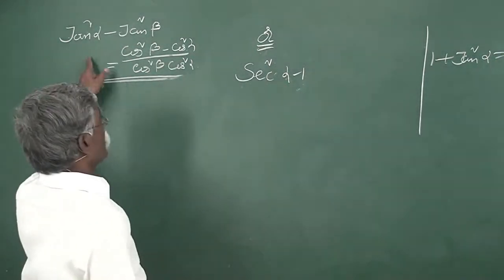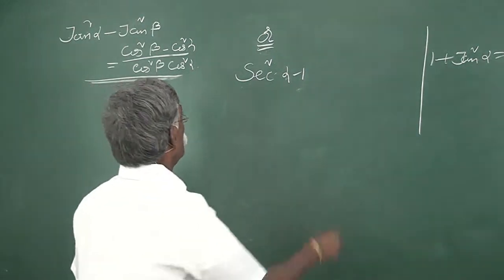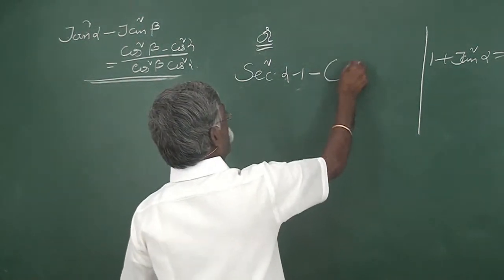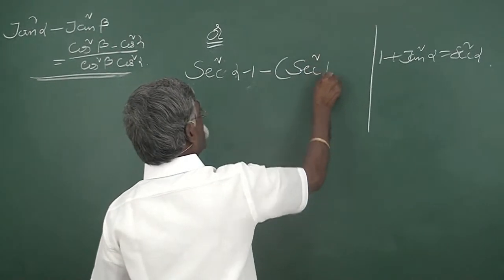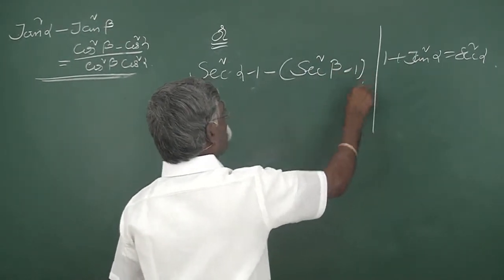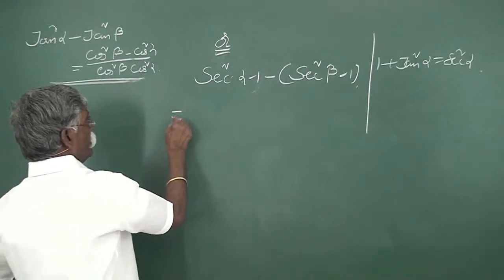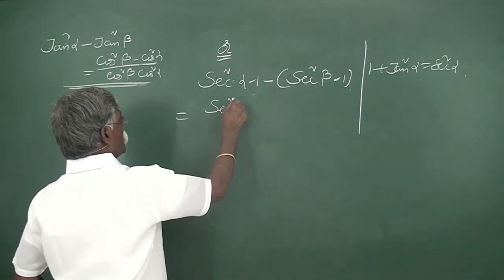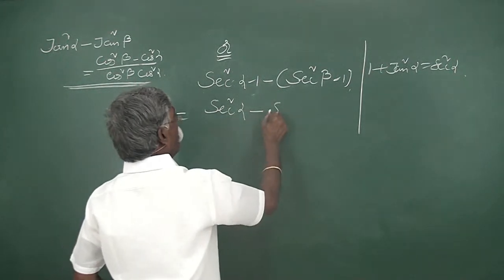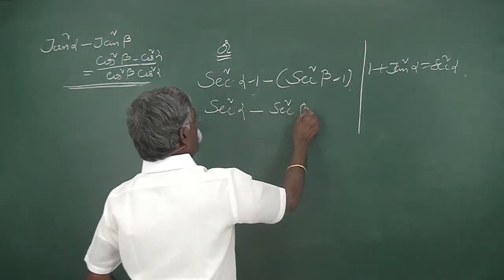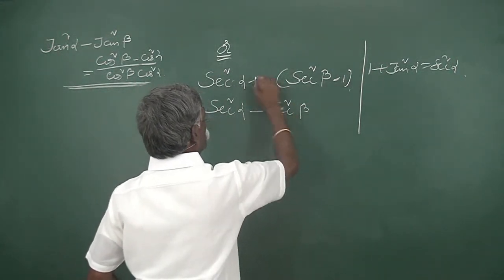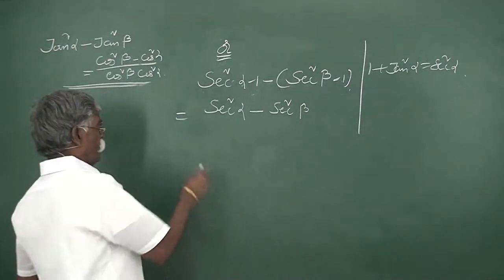By using this, this is written as secant square alpha minus 1 minus of this, we will write it as secant square beta minus 1. When minus goes inside, we will be left with secant square alpha minus secant square beta, because this minus of minus plus 1 and minus 1 gets cancelled.